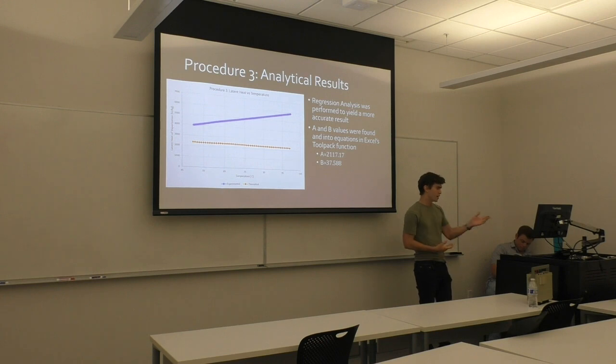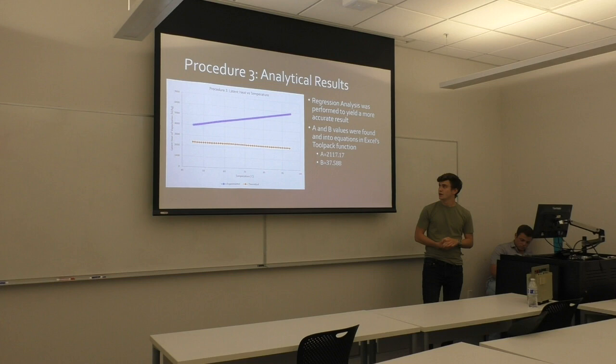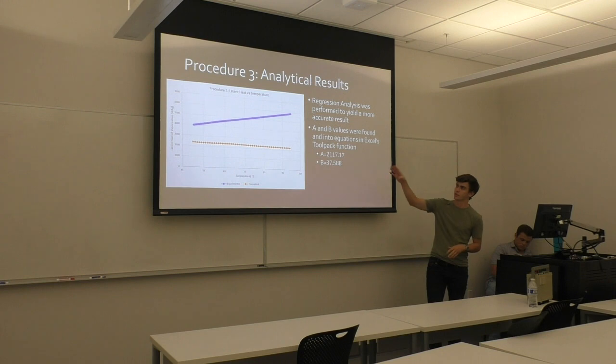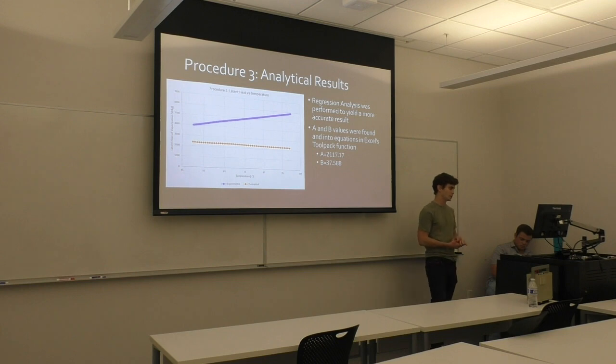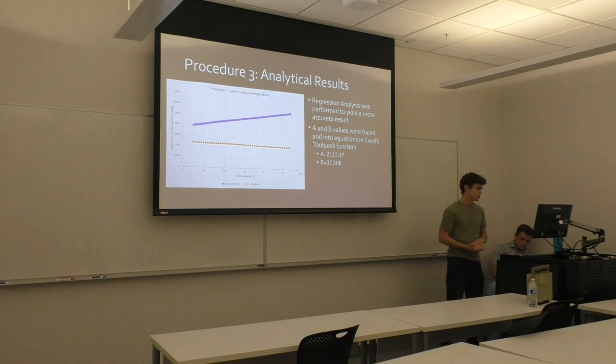My A and B values, using Excel's Toolpak function, gave me an A value of 2,117 and a B value of 37.58. Using those helped me determine the latent heat of vaporization for our experimental values, which is very different from procedure 2. Although we are getting higher values, they are nowhere near what the theoretical steam tables are. So I think that further shows that there was an error in some of my calculations or in my unit conversions.